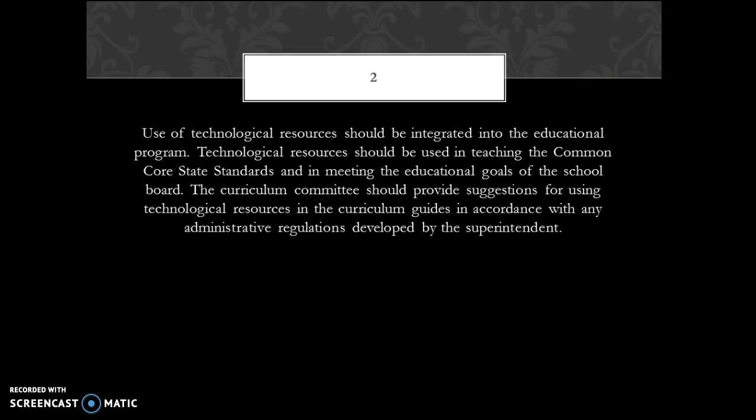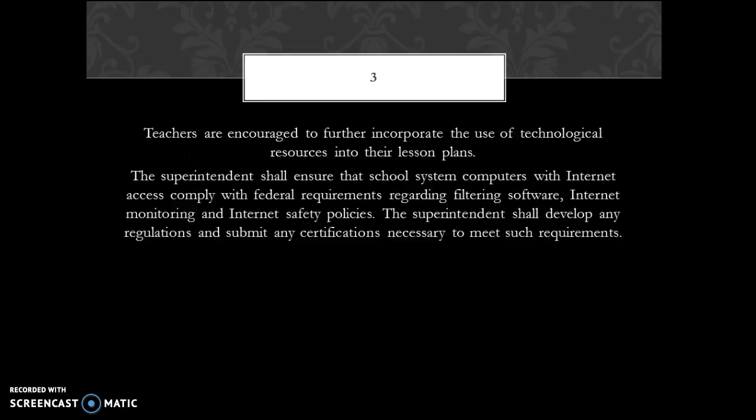The curriculum committee should provide suggestions for using technological resources in the curriculum guides in accordance with any administrative regulations developed by the superintendent. Teachers are encouraged to further incorporate the use of technological resources into their lesson plans.